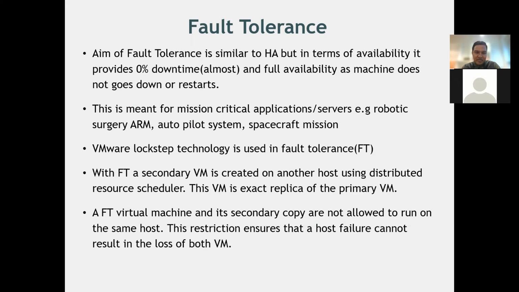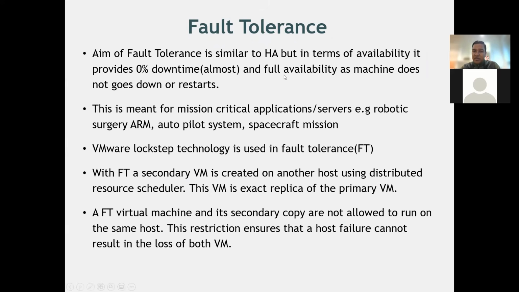If we say high availability, then we have an availability of 99.999%. But if we talk about availability in terms of fault tolerance, it will be 100%. It is not measurable.